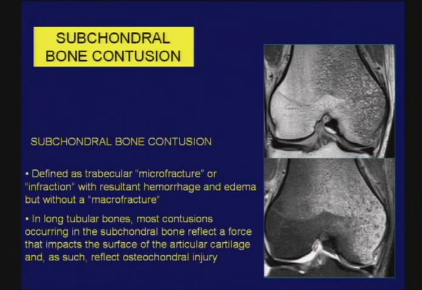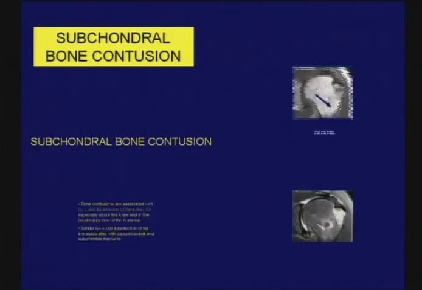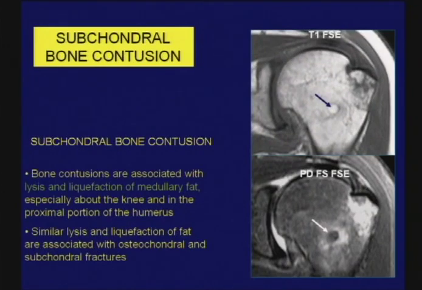There's actually lysis and necrosis of fat that make up the appearance of a bone contusion. Look at this. This is something now that we are seeing. These, in fact, are areas or regions of lysis and liquefaction of fat. The fracture is here, but we are liquefying fat a little bit away from that fracture.